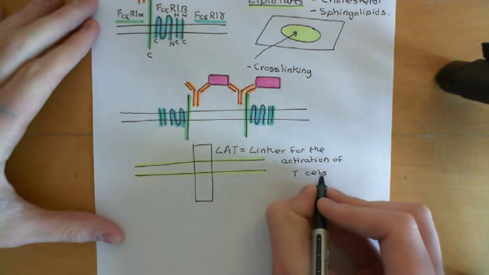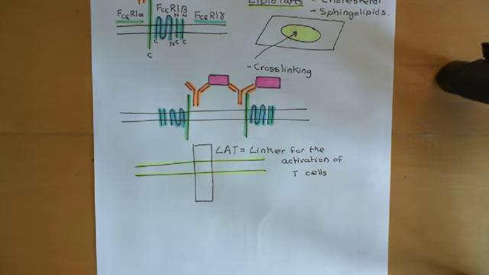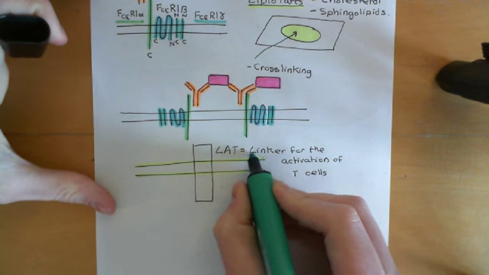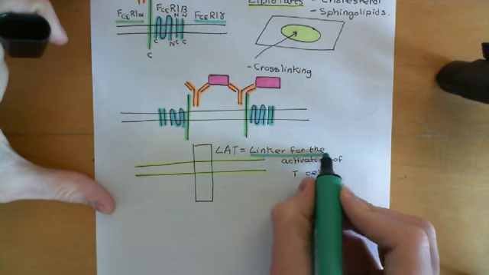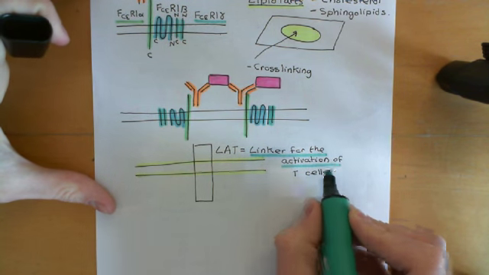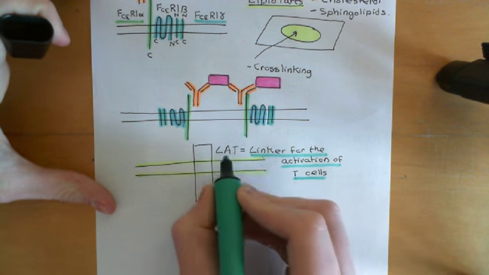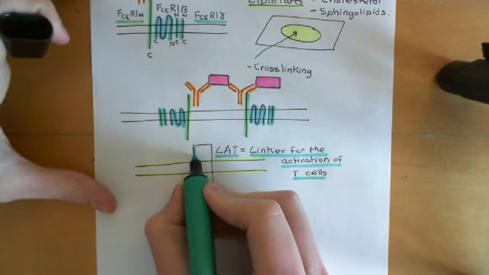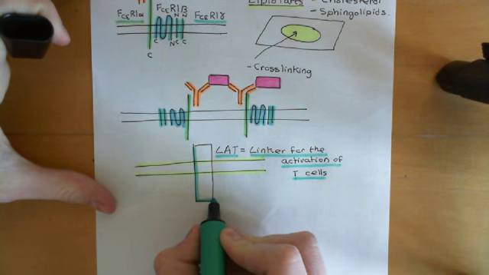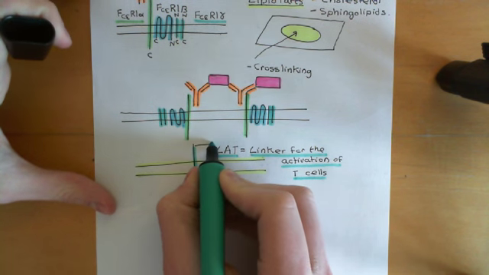Now, why is it called that? Well, it's because this protein is extremely important in many downstream pathways of immunological receptors. One of the pathways that it's really important in is the pathway downstream of the T cell receptor, which is why it's called the linker for the activation of T cells.